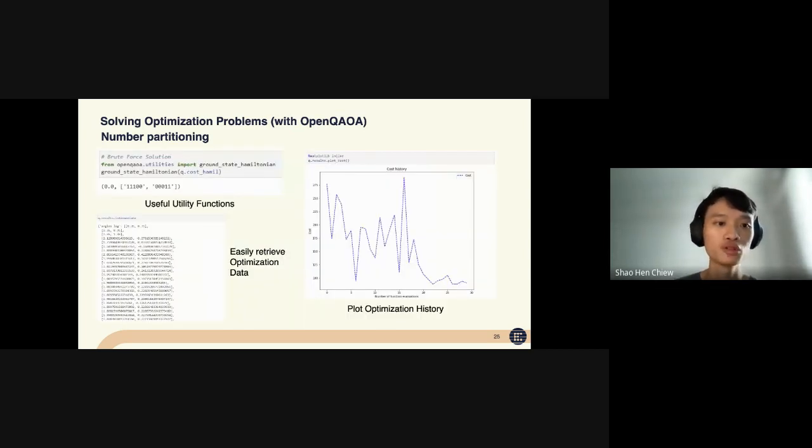We also have useful utility functions. For example, in the top left cell, we have a function that allows you to calculate the ground state of a Hamiltonian by brute force. You can also easily retrieve intermediate optimization data, used here to plot the optimization history.